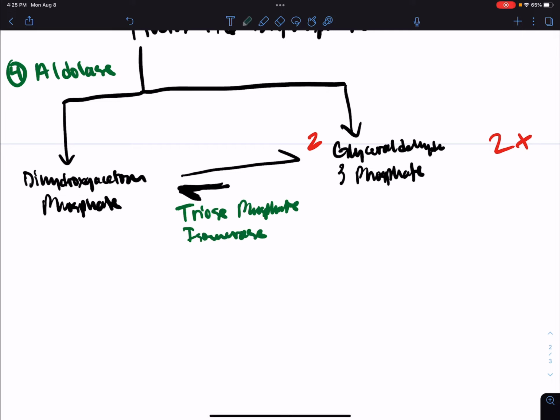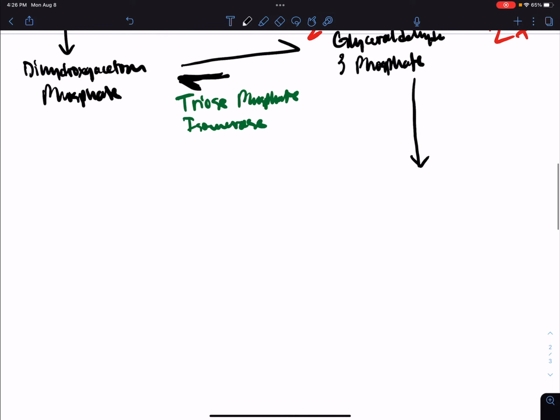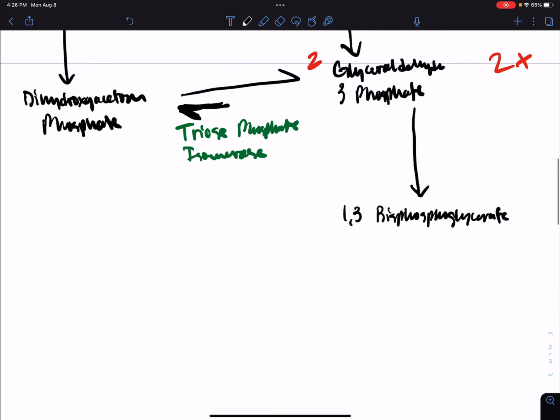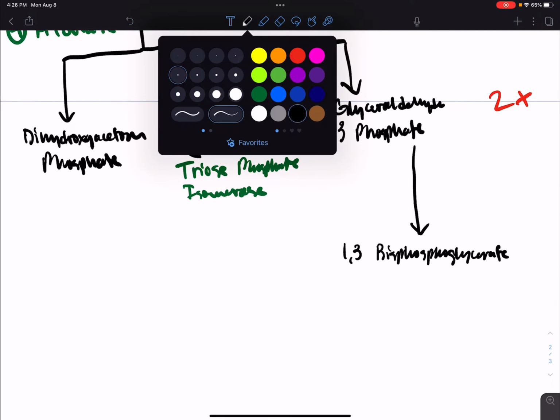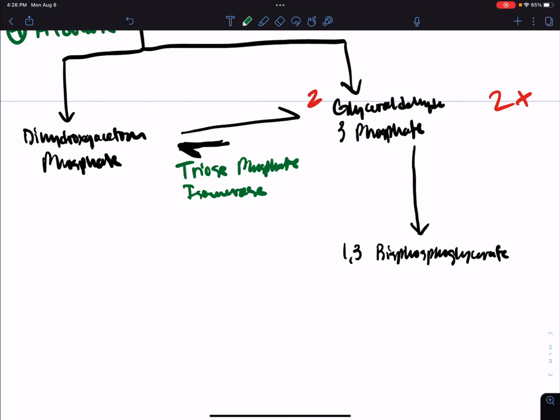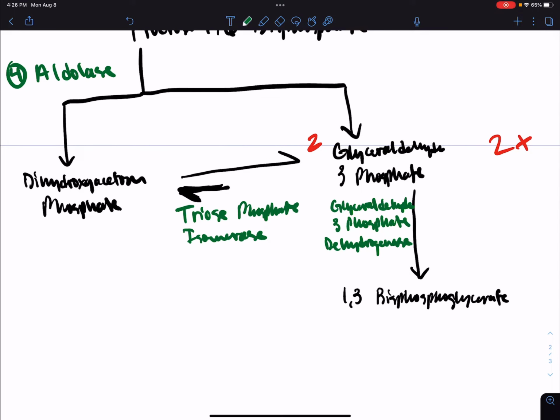And then glyceraldehyde 3-phosphate gets converted into 1,3-bisphosphoglycerate by an enzyme that will be easy to remember because it comes after glyceraldehyde 3-phosphate, and it's called glyceraldehyde 3-phosphate dehydrogenase. Triose phosphate isomerase is step 5, and glyceraldehyde 3-phosphate dehydrogenase is step 6.